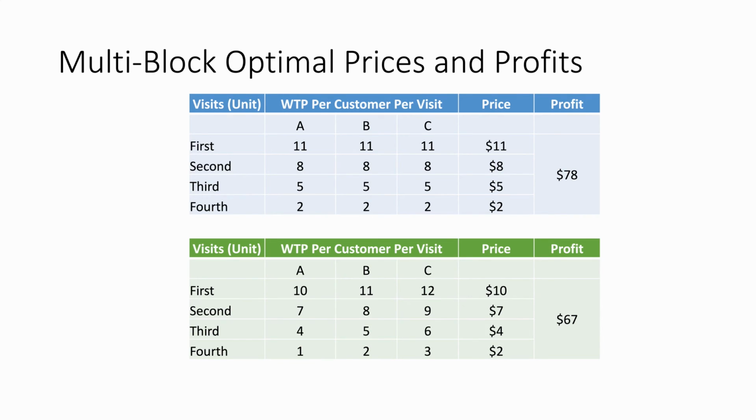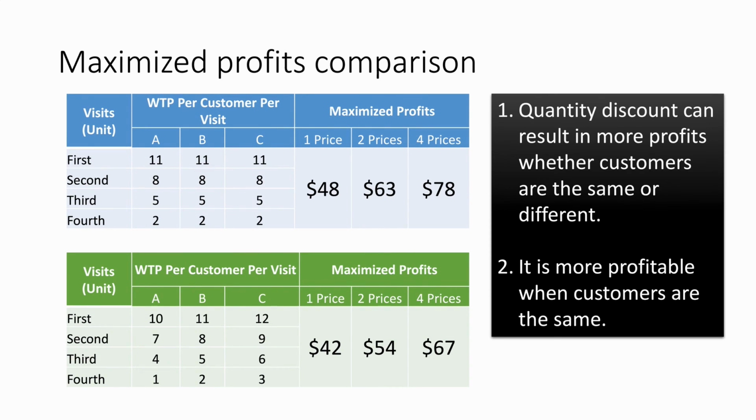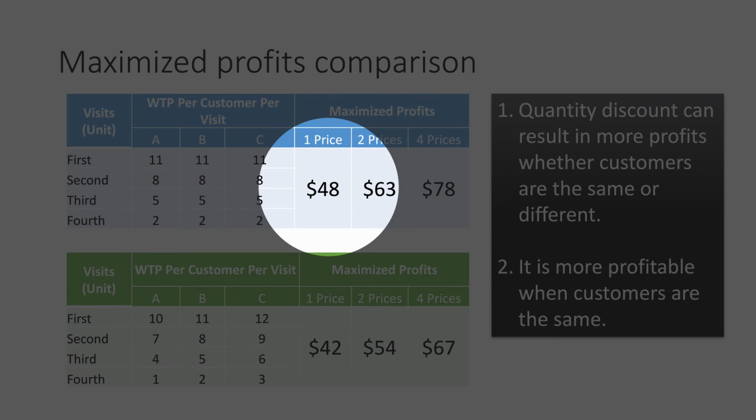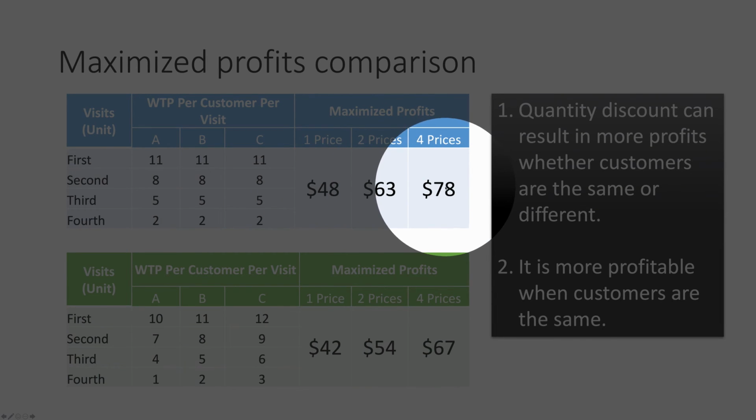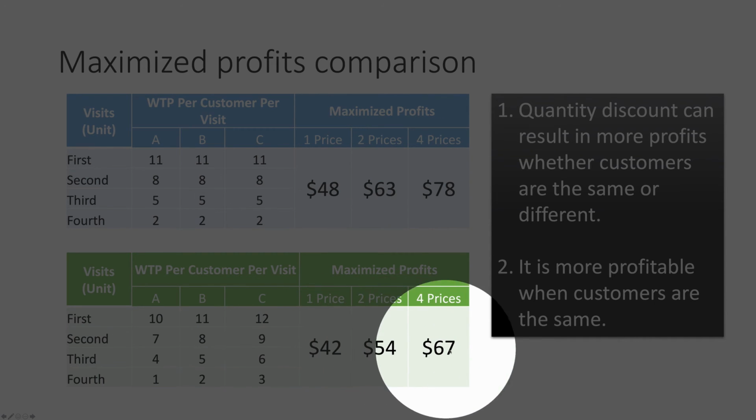Let me summarize all the calculations we have done so far in one table. So what we see here is, first, quantity discounts can result in higher profits whether customers are the same or different. 48, 63, and 78. The more price levels we charge based on quantity discounts, the higher the profit we get. 42, 54, 67.